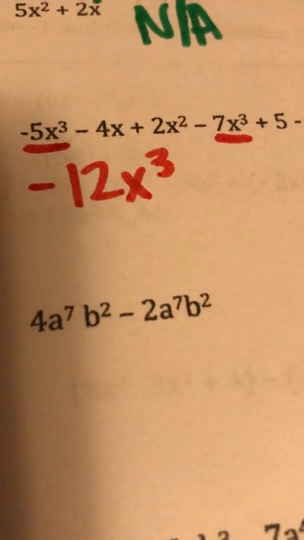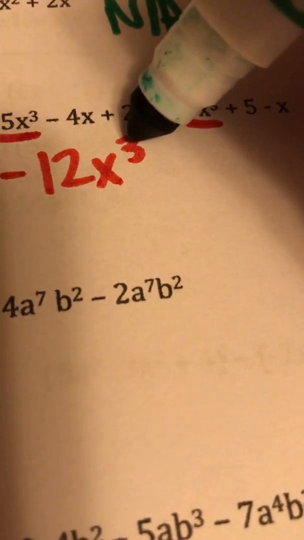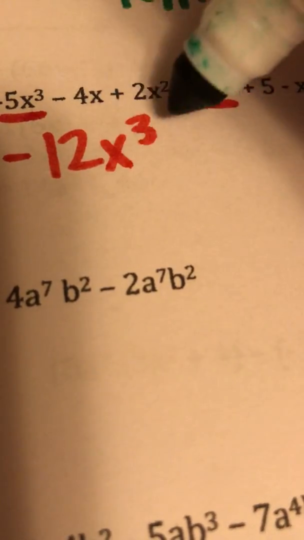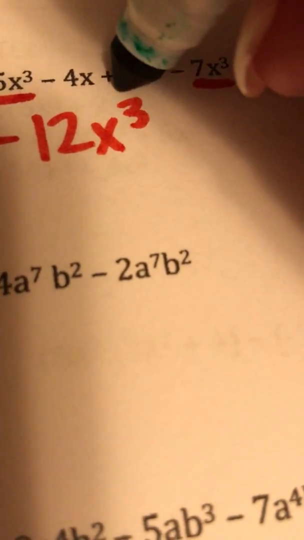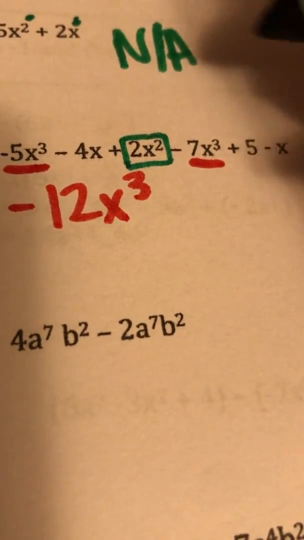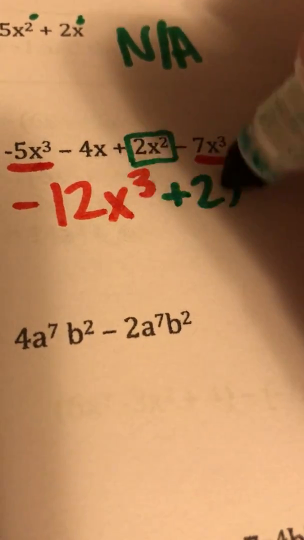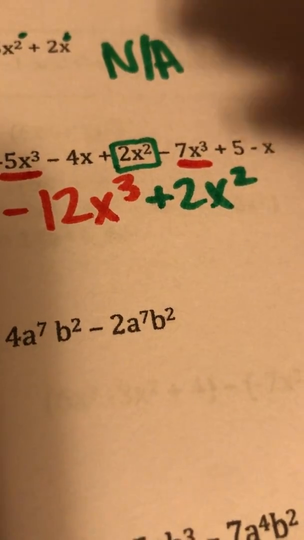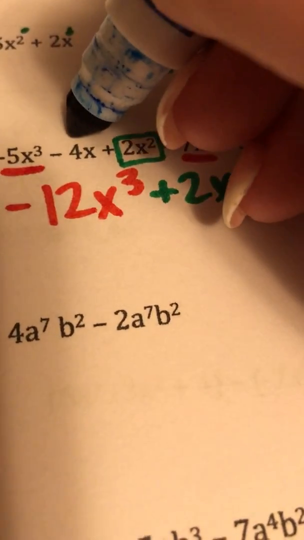Now I need to find my x squareds because remember they have to be written in degree order from largest to smallest. So I did my x cubes. Now here's an x squared here, but that's the only one. So we have plus 2x squared. After x squared would be my x's.